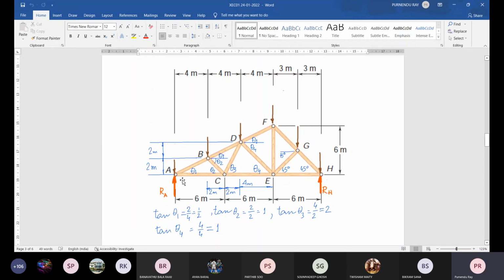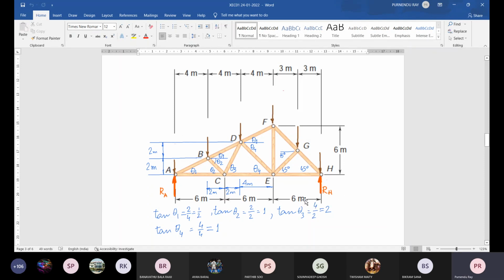Then we go for the determination of the reactions at A and at H. Find sigma MH is equal to 0. Develop that moment equilibrium equation about H. So directly you will get the value of RA without developing any equation consisting of two unknowns at the same time.